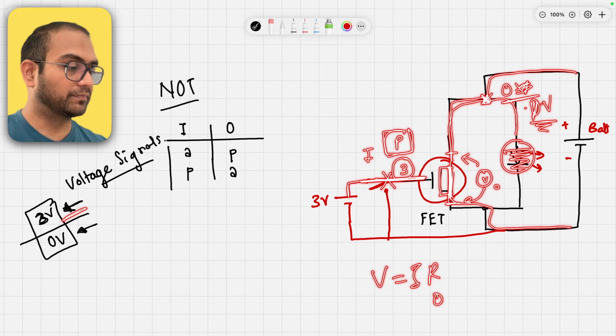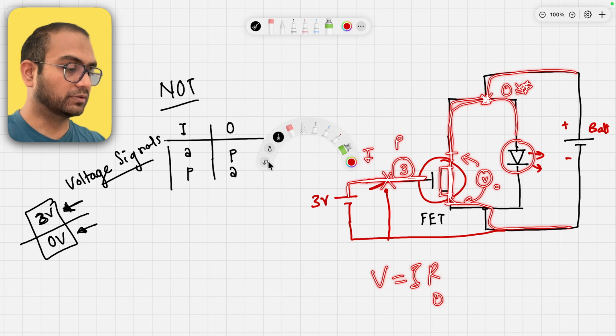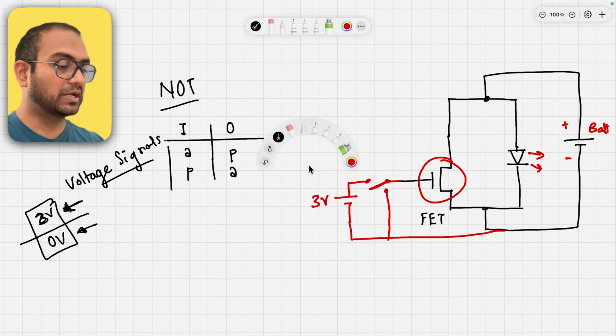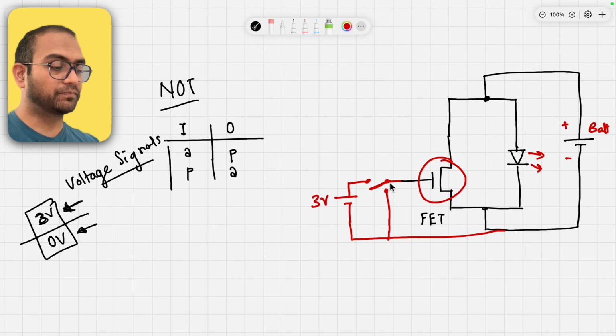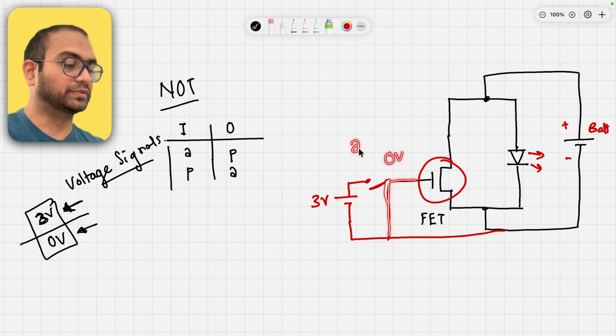Now let's do the other way around. We are going to turn the switch this way, and now the gate is connected to 0 volts, so the input is absent.